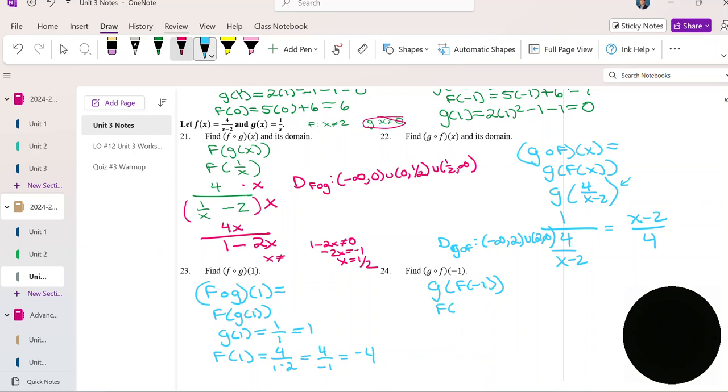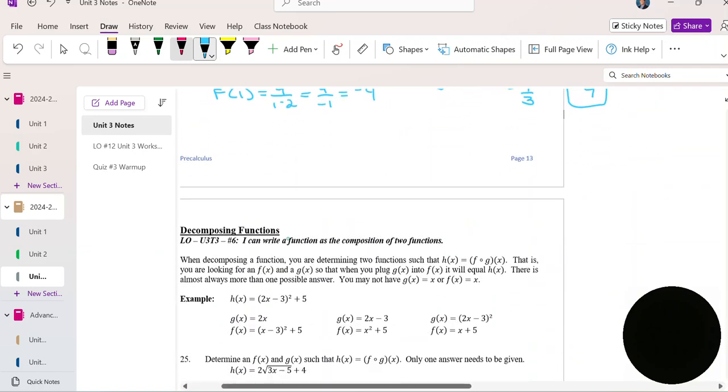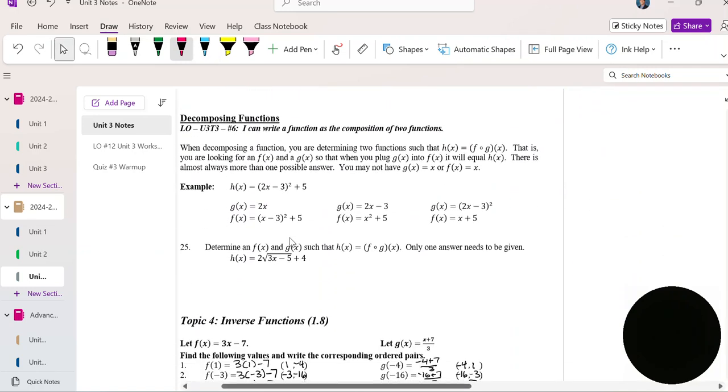So f of negative 1, 4 over negative 1 minus 2. So 4 over negative 3. So g of negative 4/3. So 1 over negative 4/3 is the same as negative 3/4. Final answer. All right, the last thing here is decomposing functions.